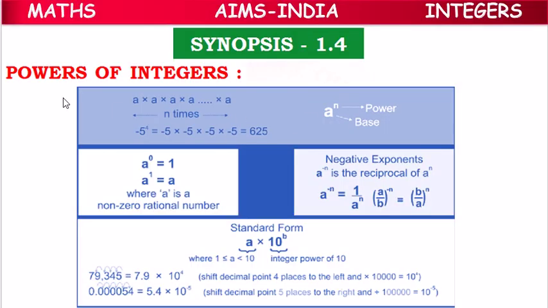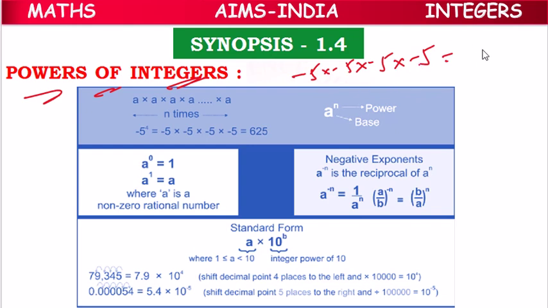Next, powers of integers. Suppose we have minus 5 into minus 5 into minus 5 into minus 5. Here minus 5 is repeated 4 times.